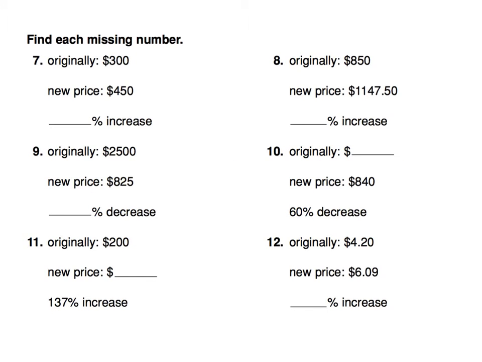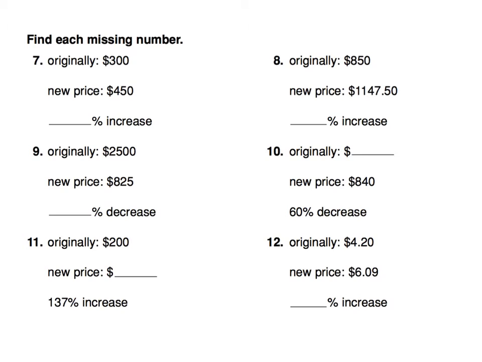So now we want to look at a couple more examples here, looking at finding missing numbers. Let's say our original price was $300. Our new price is $450. How do we solve that problem? What is the percent increase? So again, first step, find the difference. $450 minus $300.